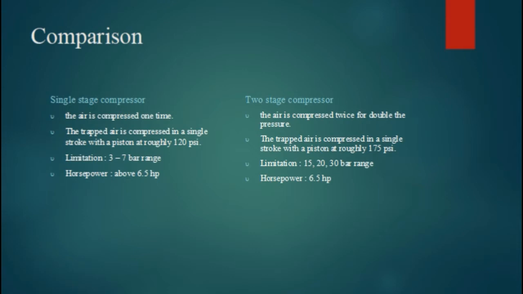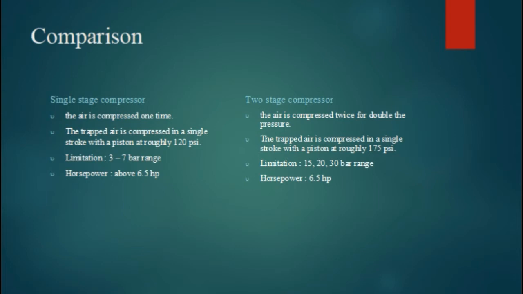Now we will show you the comparison between single stage compressor and two stage compressor. For a single stage compressor, the air is compressed one time. The trapped air is compressed in a single stroke with a piston at roughly 120 psi. The limitation is the 3 to 7 bar range. The horsepower for a single stage compressor is above 6.5 HP.